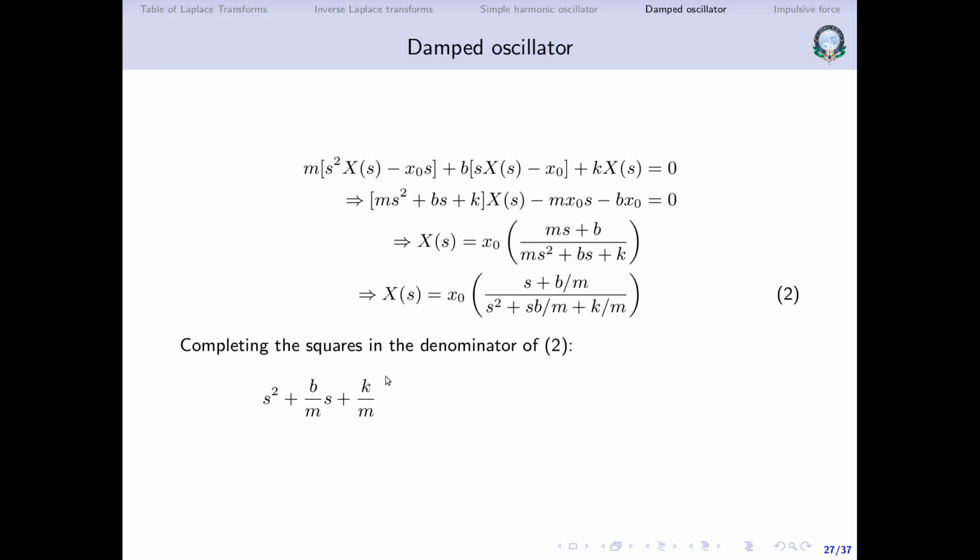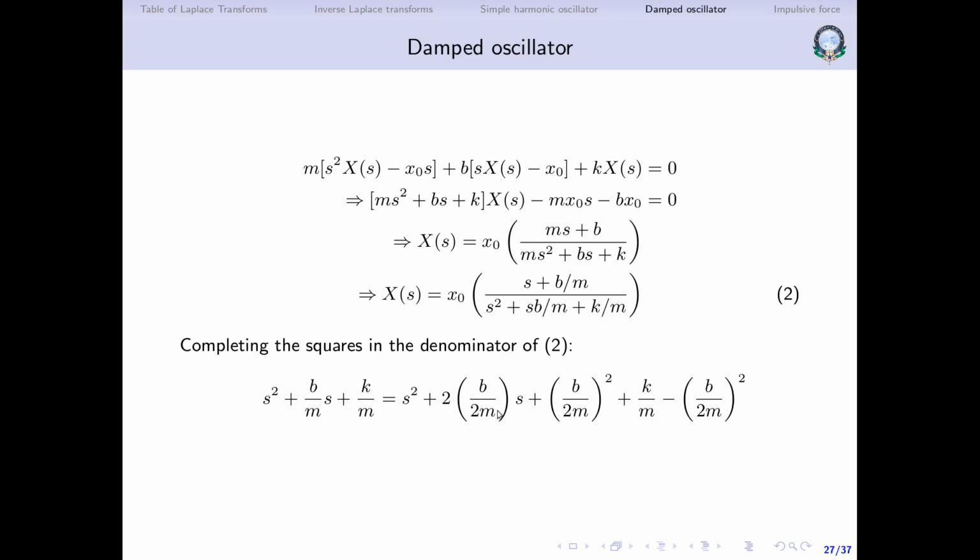So what we have here is s squared plus b by m times s plus k by m. What we do is take this quantity, b by m times s, and multiply by 2 and divide by 2. So we have 2 times b by twice m, that dividing by 2 comes here, times s. Then we add and subtract b by twice m, whole squared.